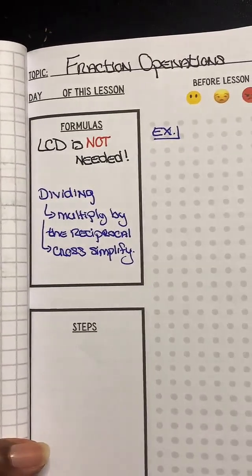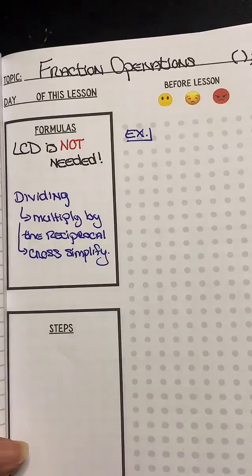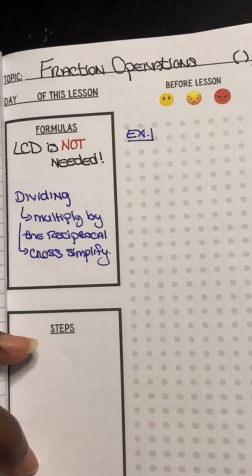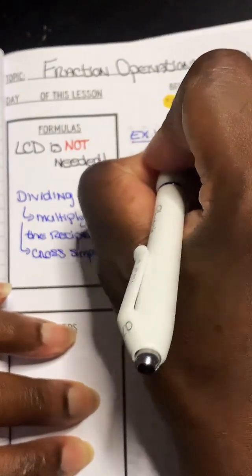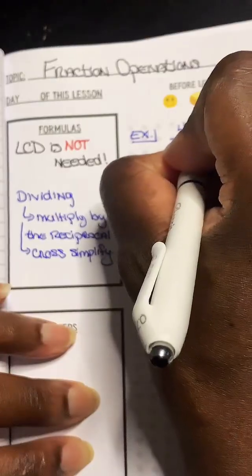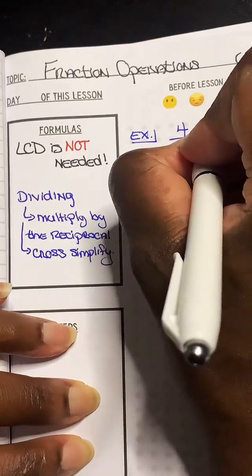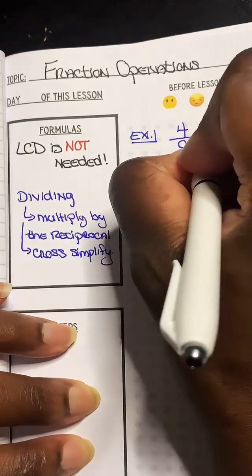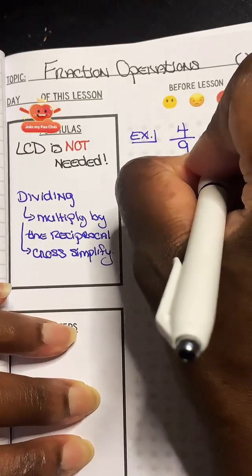So let's start from the beginning. If I said 4/9 multiplied, notice I am not using the x, because x is our variable once we get into algebra.